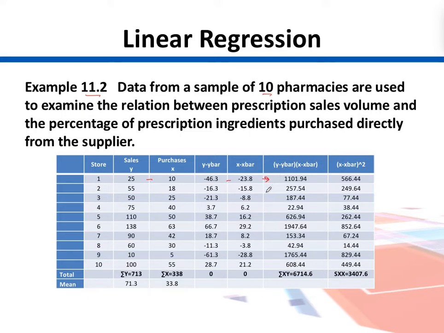This is the cross product for these two numbers, and for these two, and we take all those cross products for these 10 pairs of numbers and sum them up, giving the total cross product, sum over X and Y. Then we take the deviations of X from its mean and square them, and in the end we sum them up. Finally we get the sum of the squared deviations for X.